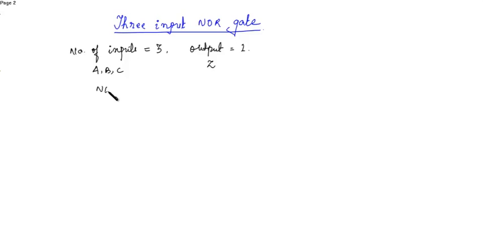So NOR means OR plus NOT. OR means A plus B plus C. NOT means the inversion of this, which will give (A plus B plus C) bar.